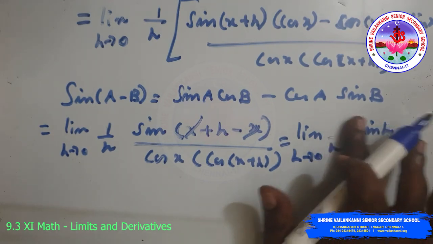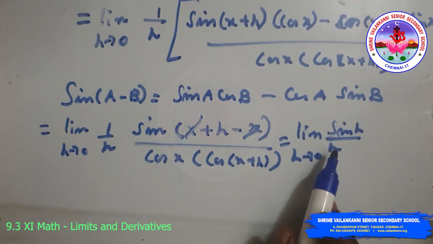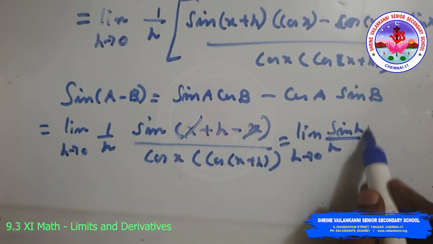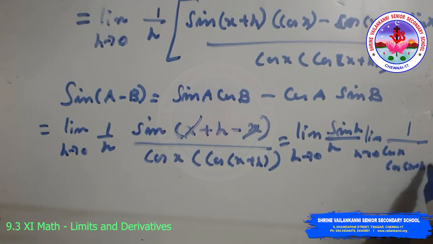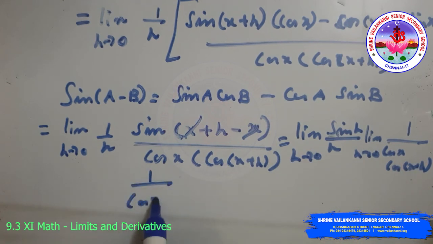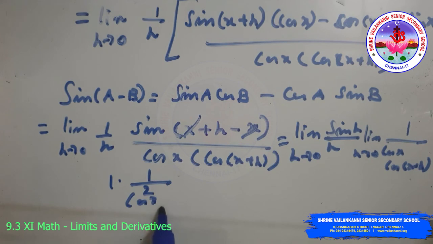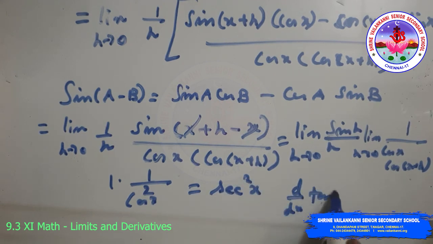So sin h by h, limit h tends to 0, using the result which is 1, into limit h tends to 0 of 1 by cos x into cos of x plus h. As h tends to 0, this will become 1 by cos x into cos of x, since h will become 0. So 1 into 1 by cos square x. 1 by cos square x is secant square x. So d by dx of tan x is secant square x.